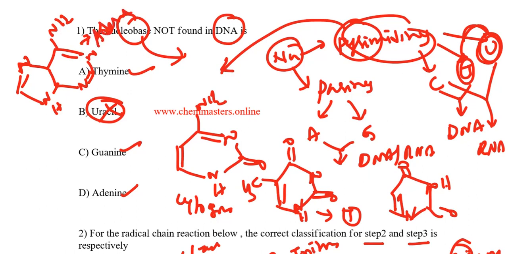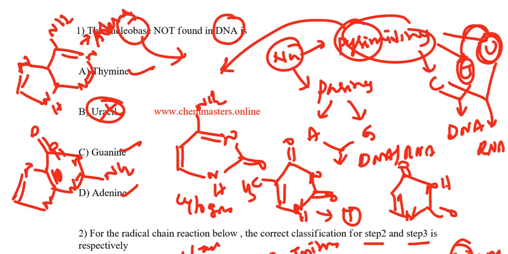Just note down adenine. And the next one, guanine. Here you write C double bond O, NH2. Just make it a complete structure, and this is guanine.